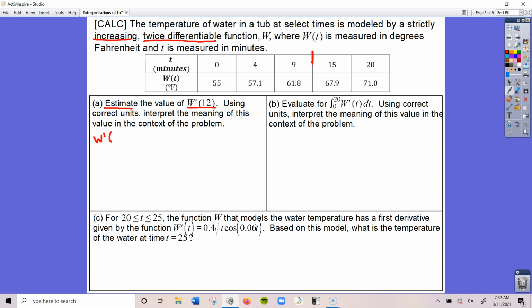So if you want to find this estimate, we would have to do w of 9 minus w of 15 over 9 minus 15. W of 9 is 61.8 minus w of 15 is 67.9, divided by 9 minus 15, which is negative 6. Now I'm going to go to the calculator here so I can get this actual value, since this is a calculator question.